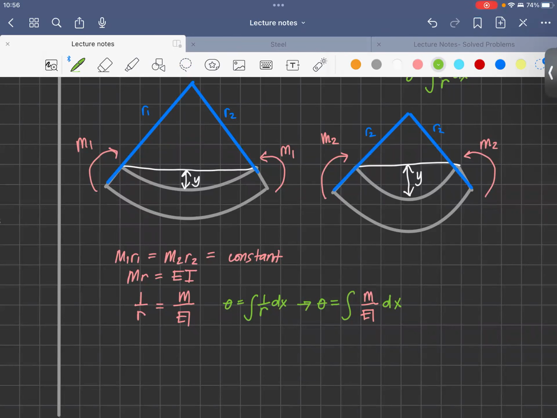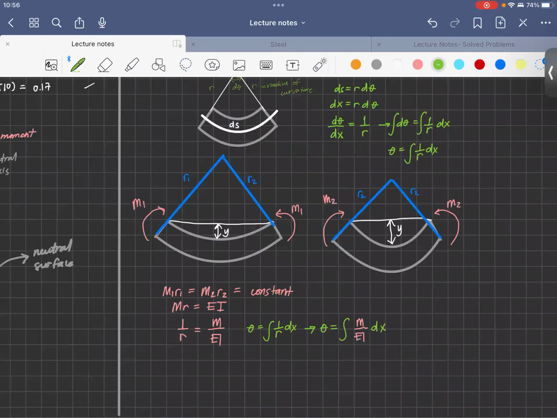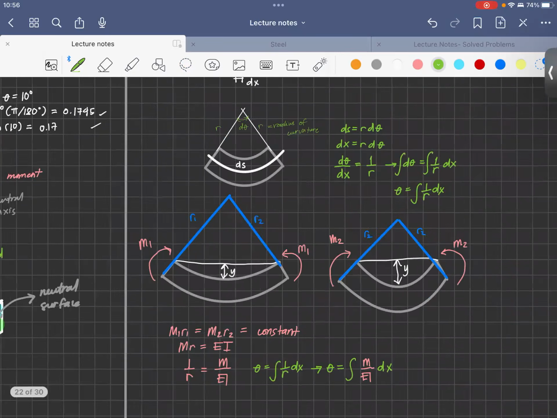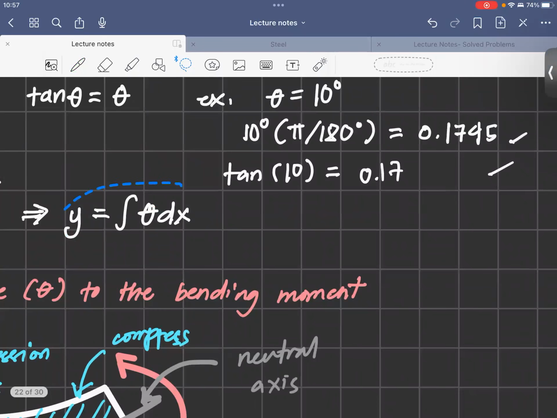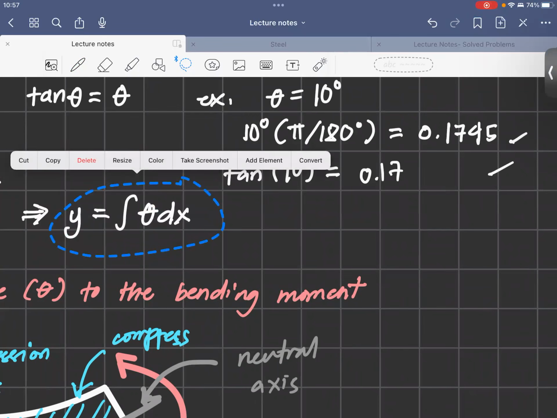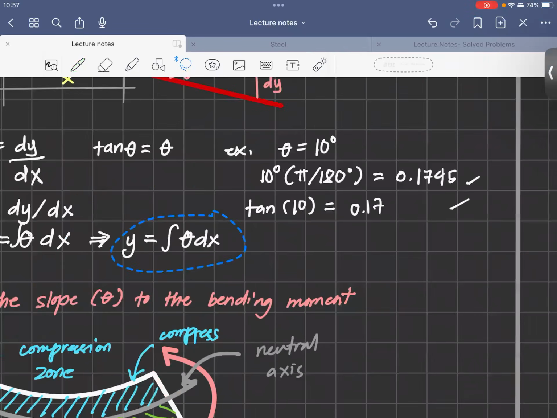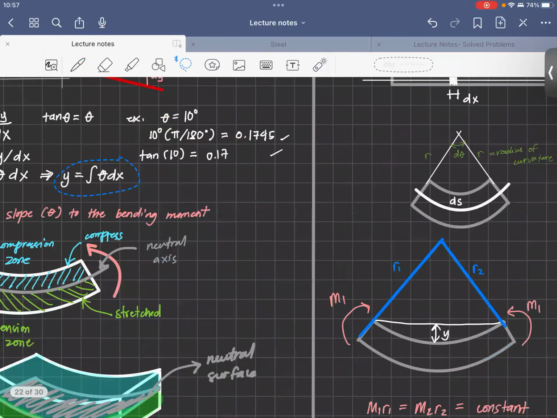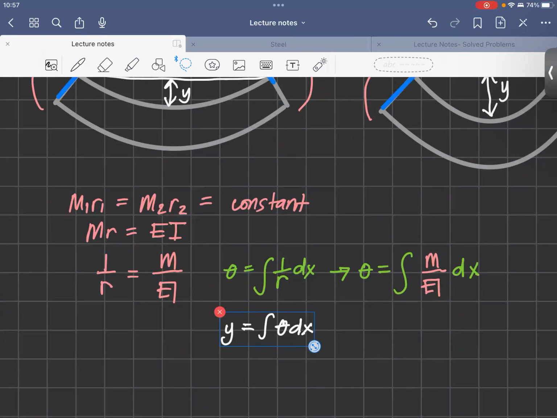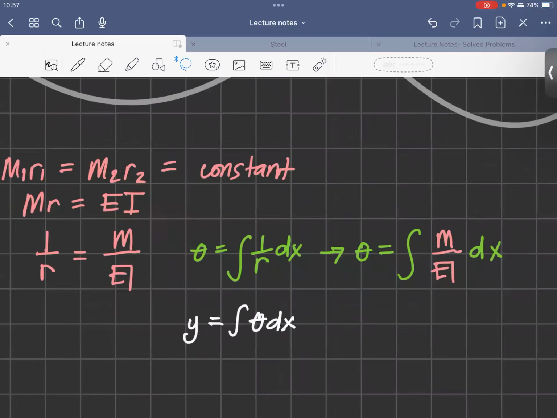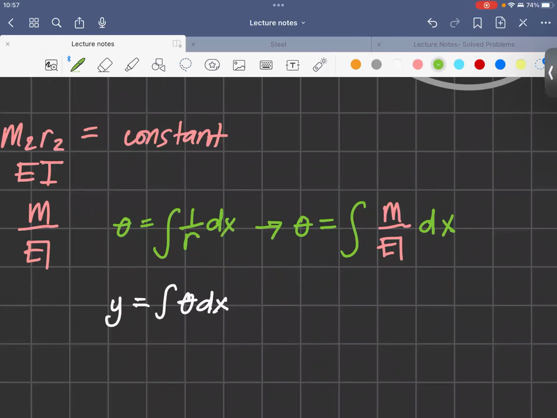Now, we will go back to the equation that we derived here. Sabi dyan, your y theta dy is equal to your theta dx. So, going back here, kakopy ko naman yun dito. Ito yung original equation natin. So, I'm going to rewrite this as y is equal to the integral of, ang theta natin is ito na.